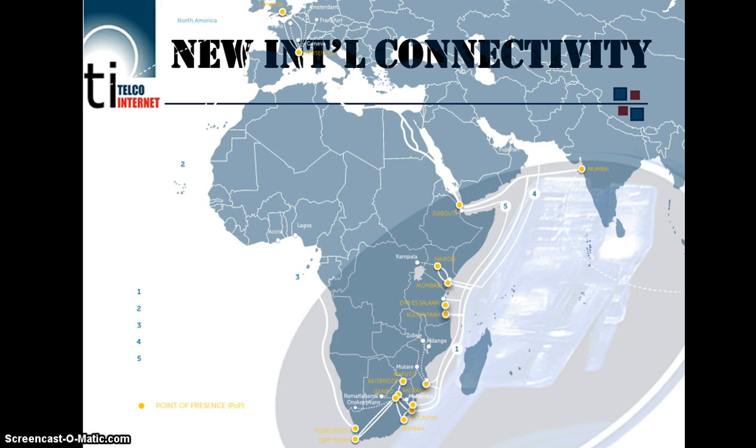Well, let's have a look at this map, which I took off the Seacom website, because Seacom is a company that provides the under the sea cable that most Zimbabwean companies are tapping into. Seacom is not the only one. There's a number of others. There's Sat3, there's WAX, and a number of other cables that run under the sea and companies that operate them that people tap into. But Seacom seems to be the one that most Zimbabwean companies tap into.